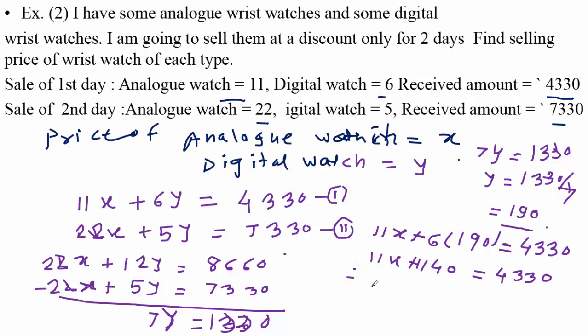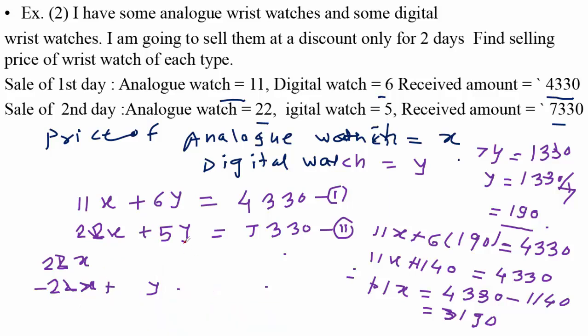Therefore, 11x equal to 4330 minus 1140 equal to 3190.